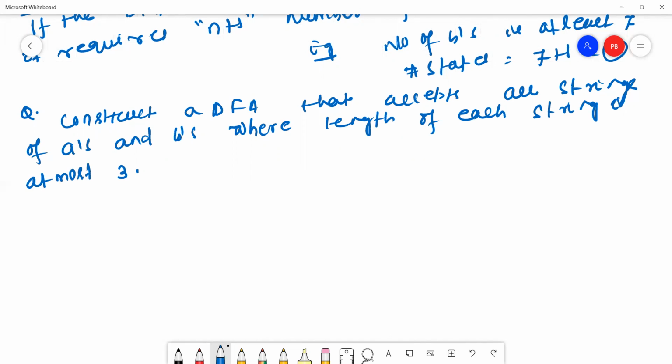At most 3 means it must be less or equal to 3.